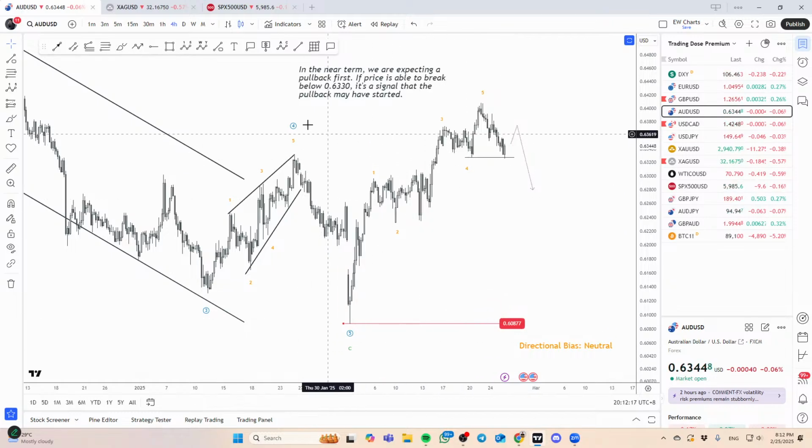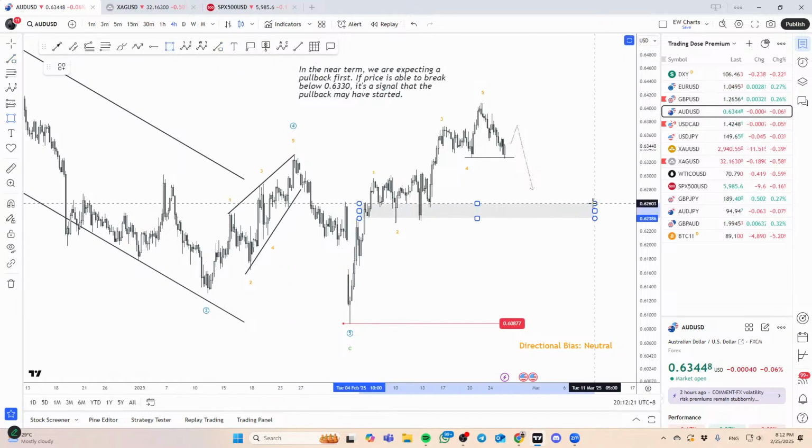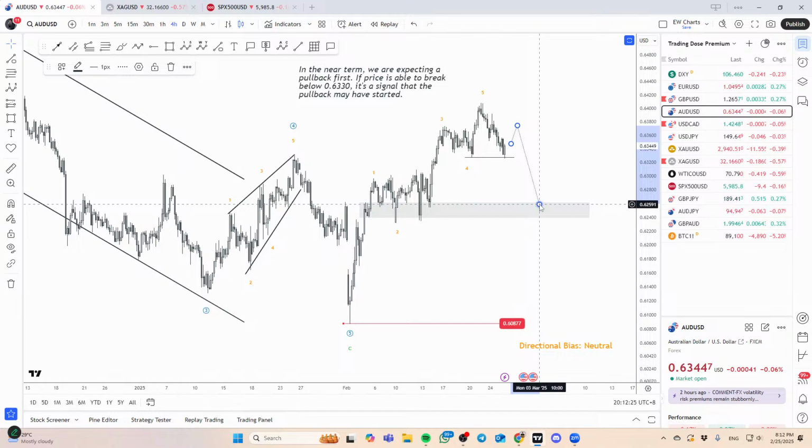If that's going to be the case, there's a very high probability that price would come back and revisit the zone as potential wave 2, right, before the move up. So short term, we may get that sell opportunity, and then when price comes into this key area here, we'll be looking for a buy opportunity, right? But for now, we just need to wait on this.